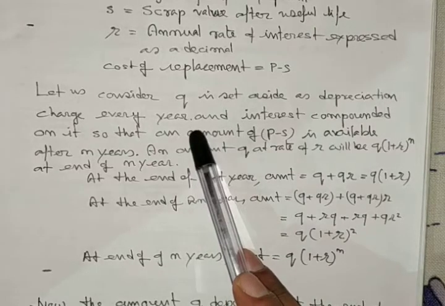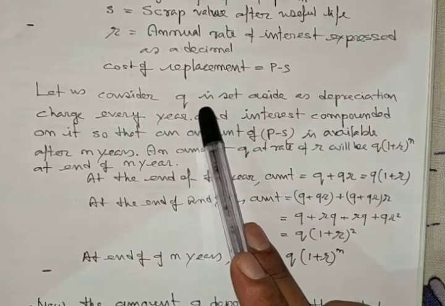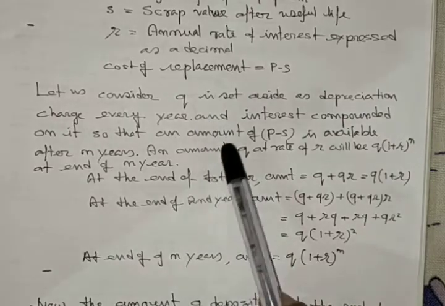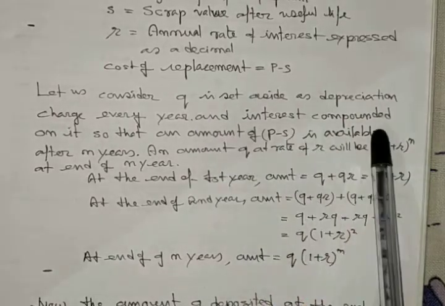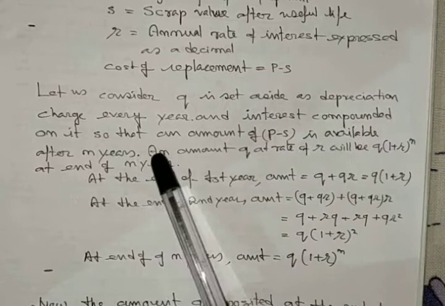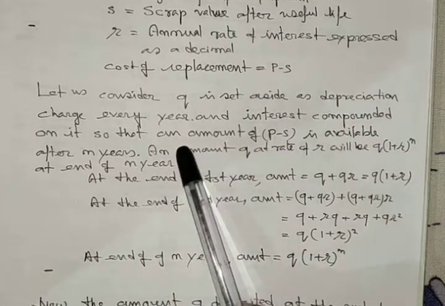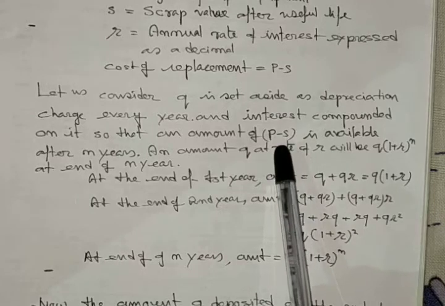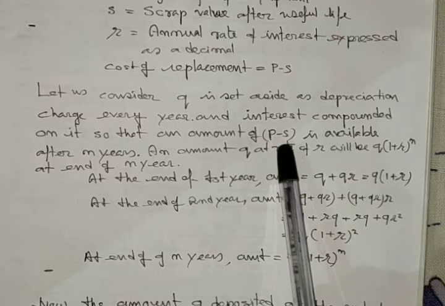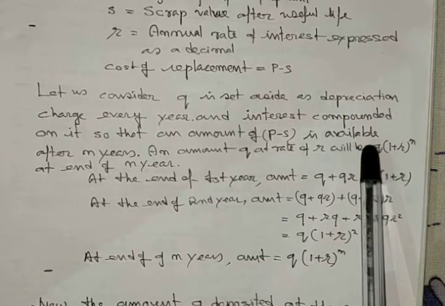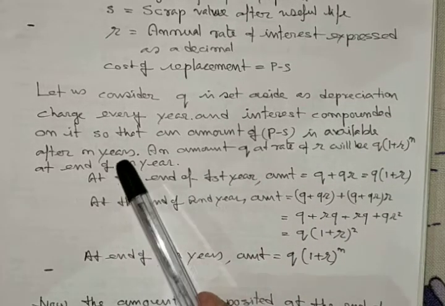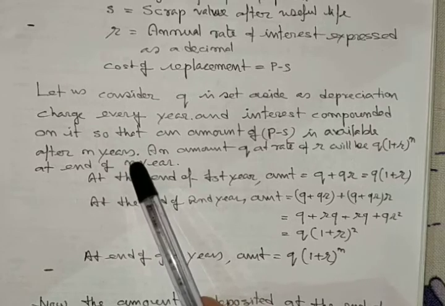Every year the amount Q is given, and interest is compounded on it, so that an amount of P minus S, meaning capital, that is the initial value, minus scrap value, is available after n years. N years means after the useful years.